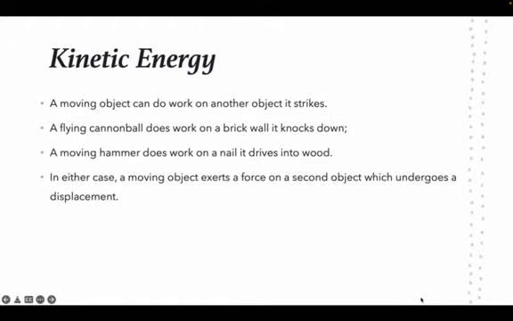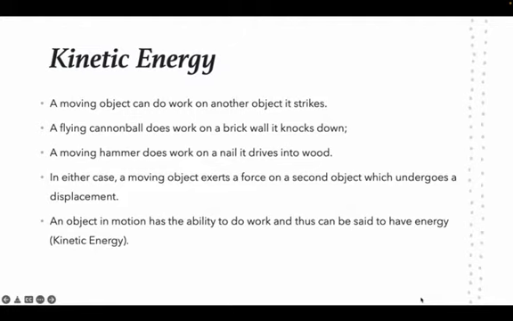Now, in both of these cases, we have a moving object that when it comes in contact with the second object, it applies a force, right? So when the hammer hits the nail, it is applying a force on the nail, and the nail moves. So that means that since the hammer is moving, then that hammer has the ability to do work on the nail, right?